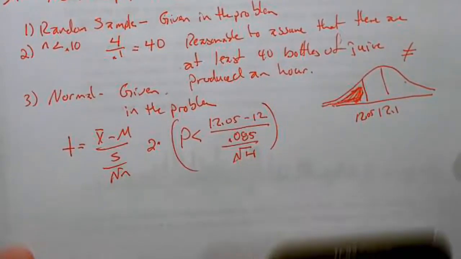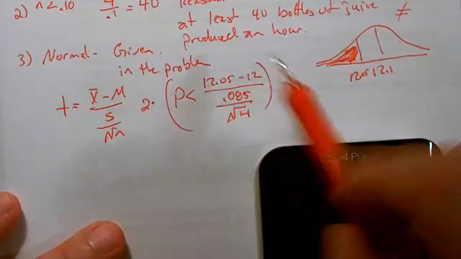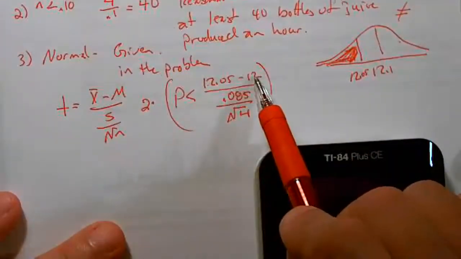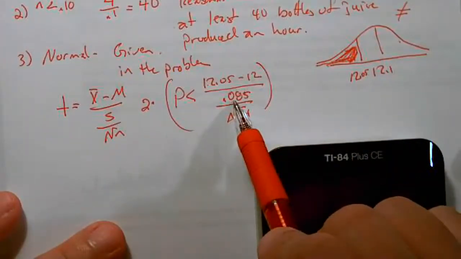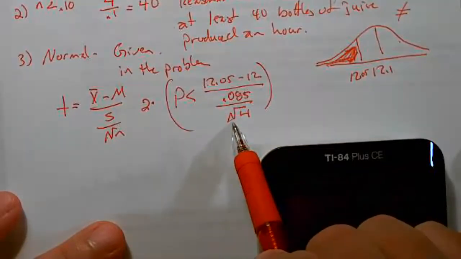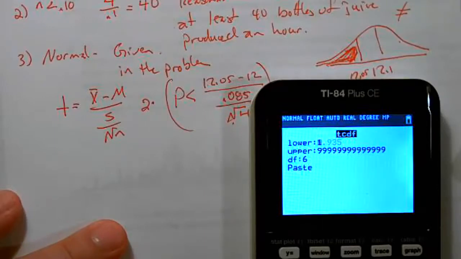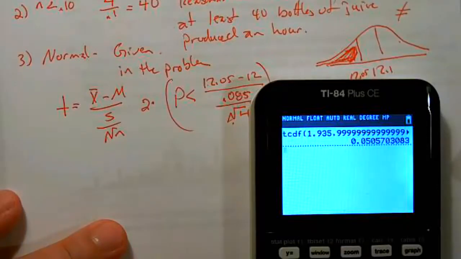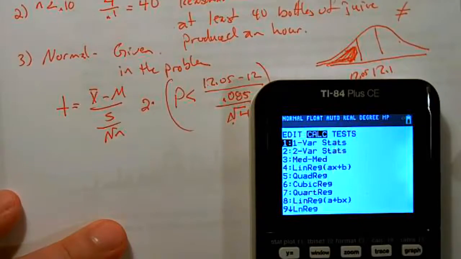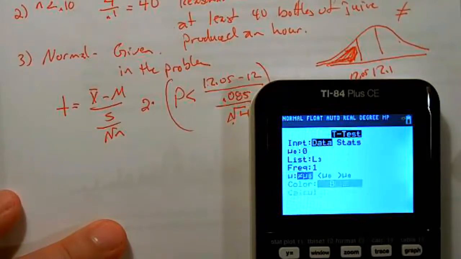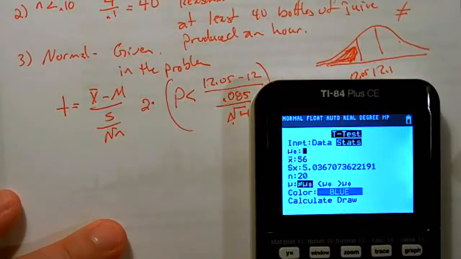All right, so at this point, I have my x bar, I have my mean, I have my sample standard deviation, and I have my sample size. Second, stat, test, simple t-test. We're using statistics this time, so that needs to be highlighted.